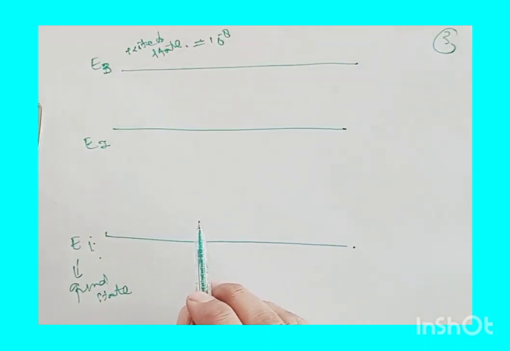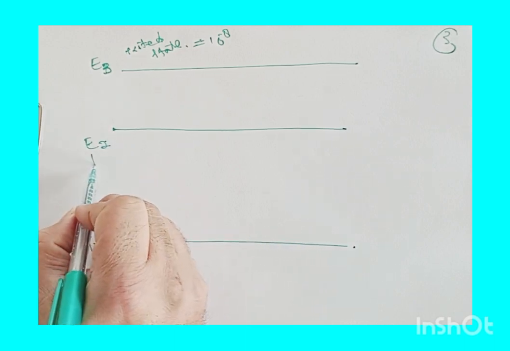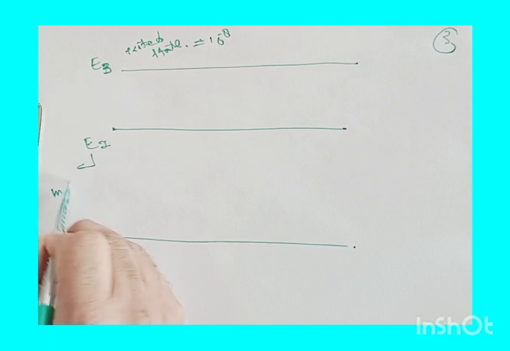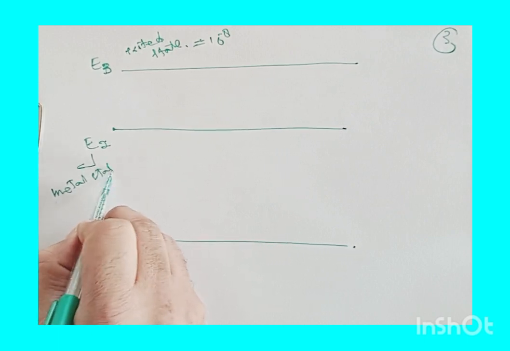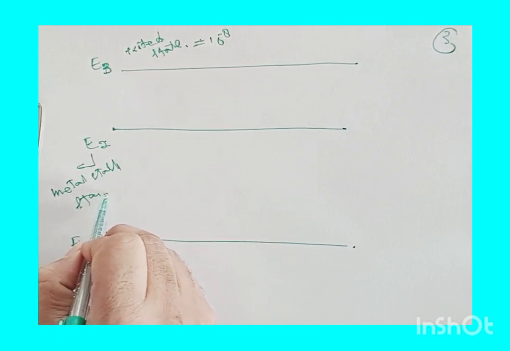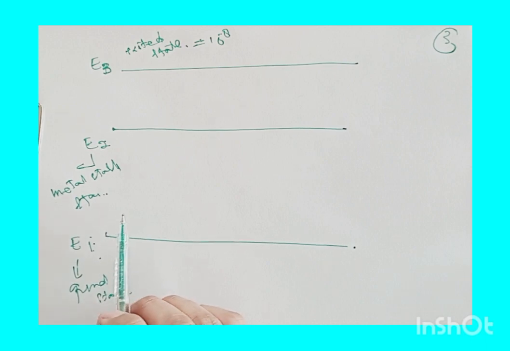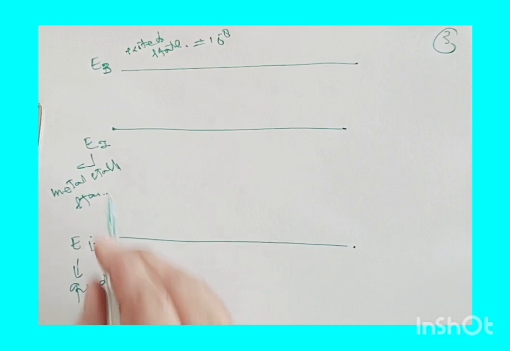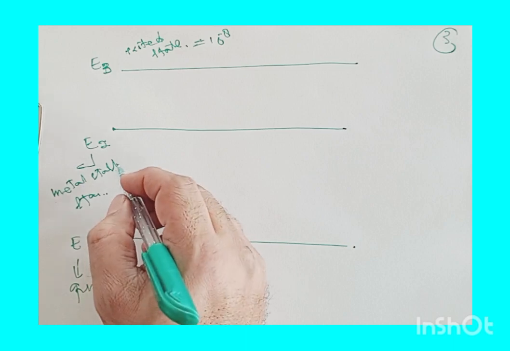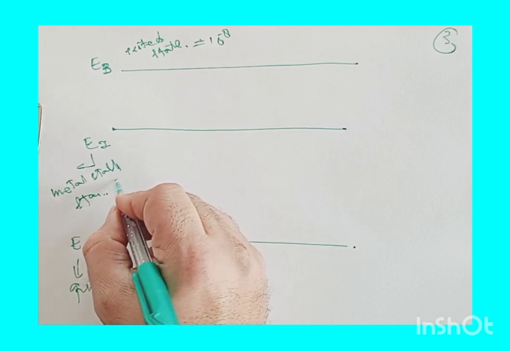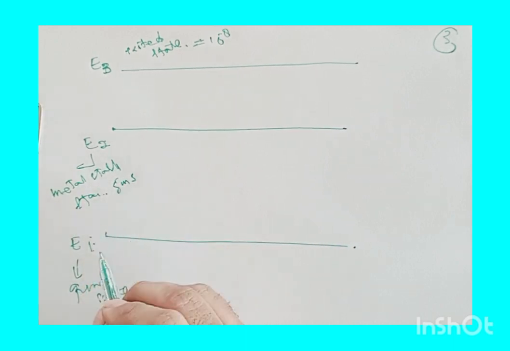The energy state E2 here is the metastable state, in which an atom can stay for a time of the order of 5 milliseconds.